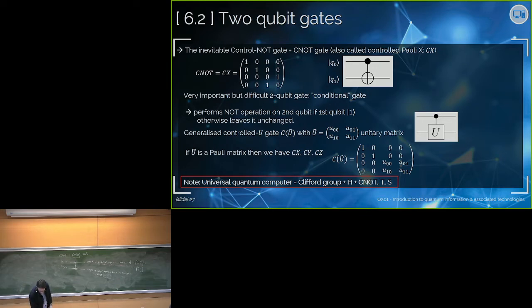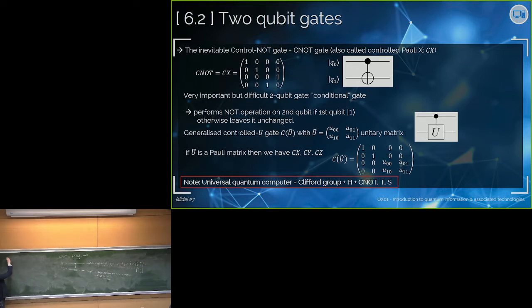So I can have a look at what it does on a particular state. So for 2 qubits, Q0 and Q1, I start with 2 qubits, separate.